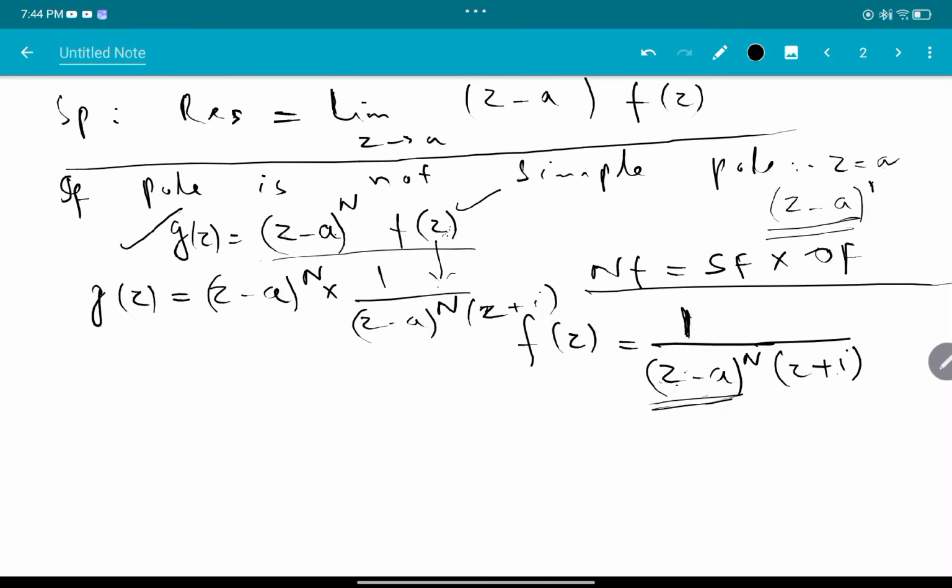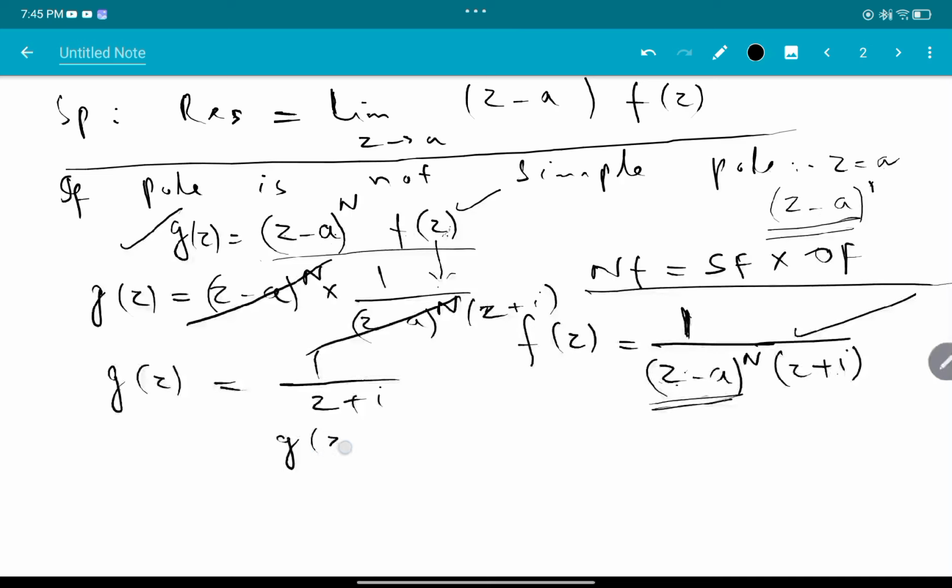Then this and this cancel, and we get the new function g(z) is 1 by (z plus i). After some practice, you will be able to directly write this 1 by (z plus i), because you are cancelling here. So now this is my function g(z), equal to 1 by (z plus i).